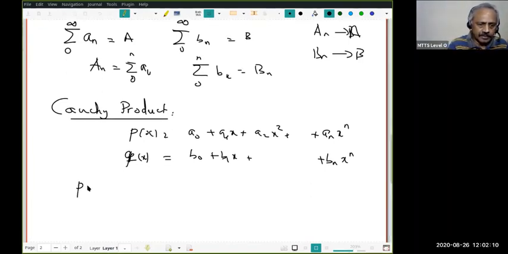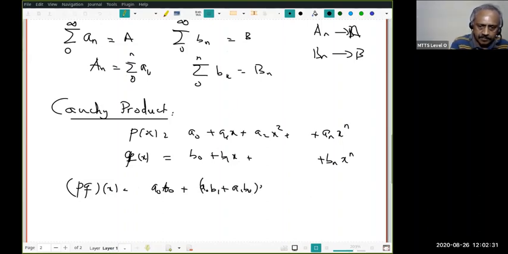Now, what is the product PQ? The product polynomial p(x)q(x). This is multiplied using the distributive law and collecting the terms. Therefore, the constant term will be a naught b naught, and the x term will be a naught b1 plus a1 b naught.